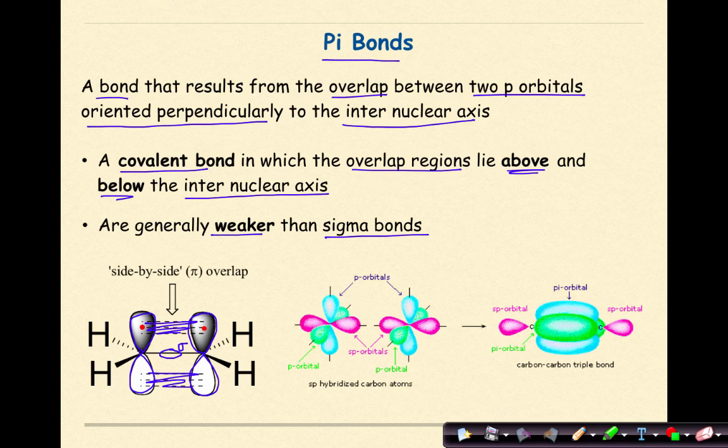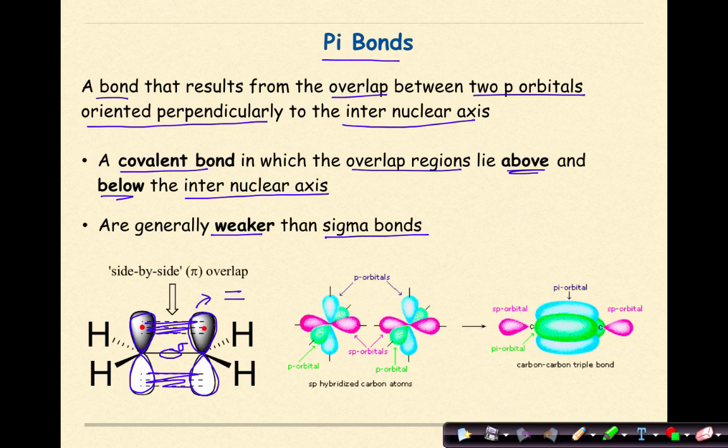This interaction above and below represents one pi bond, not a triple bond. I know it looks like a triple bond, but really it's one pi bond because it's involving two p orbitals. So this is the equivalent of a double bond. So that double bond includes one sigma and one pi.